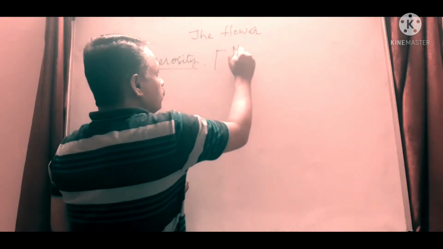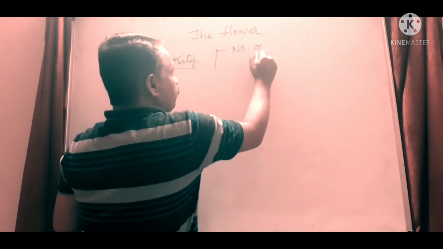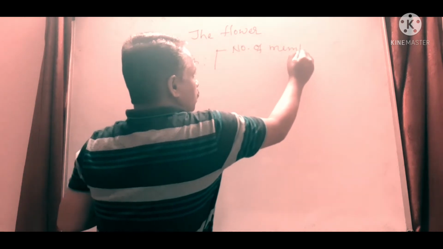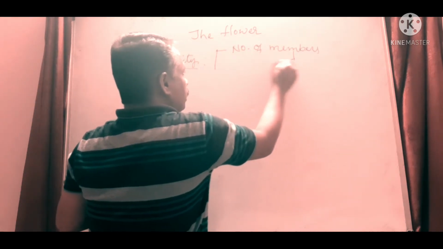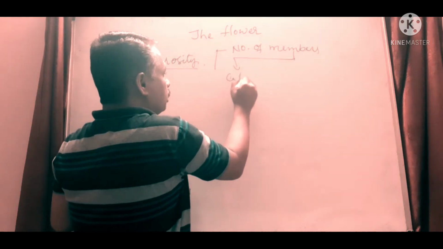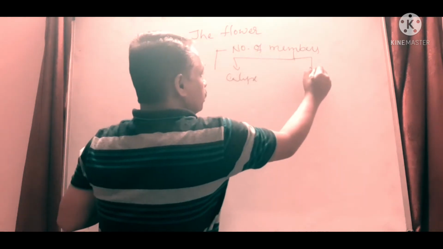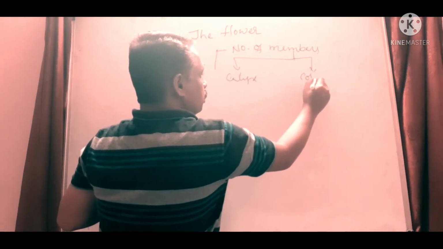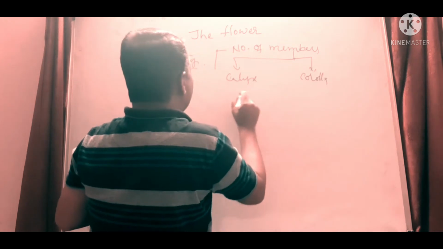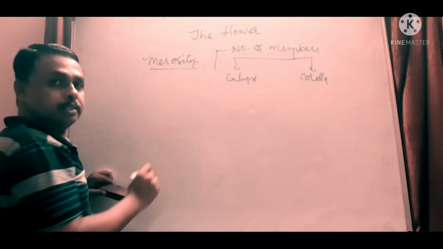The number of members of either calyx or corolla over the thalamus is called meracity.